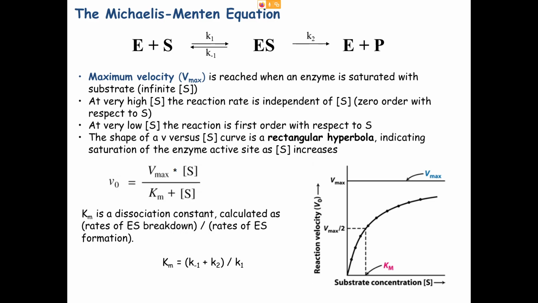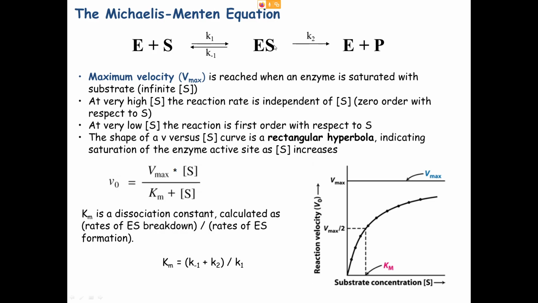So I was saying if we have a large K1 and a very small K minus 1, this number, K1, is large, and K minus 1 is small, so the numerator will be smaller than the denominator. That makes Km small. So if they have a high affinity for each other, Km is a small number. If they have a very weak affinity for each other, let's say it's a terrible substrate for this enzyme, then K1 is not going to be very big.